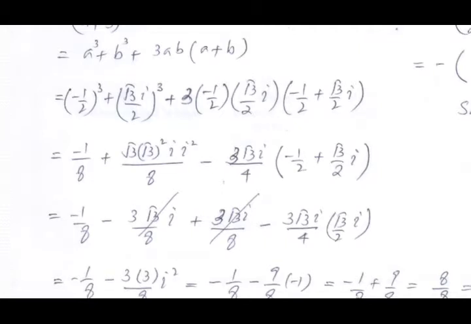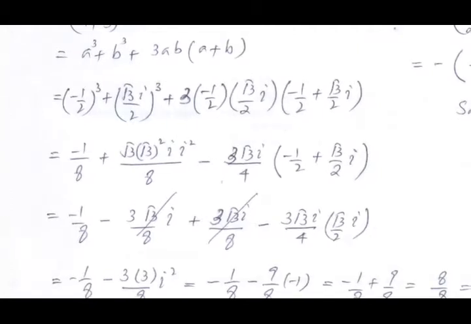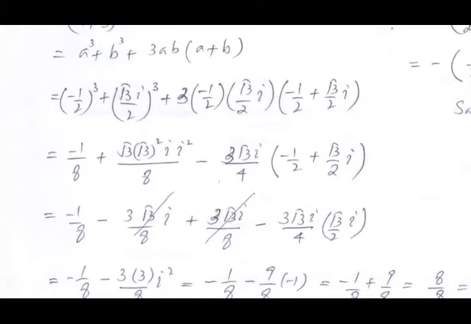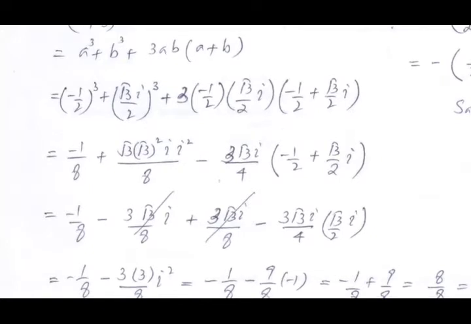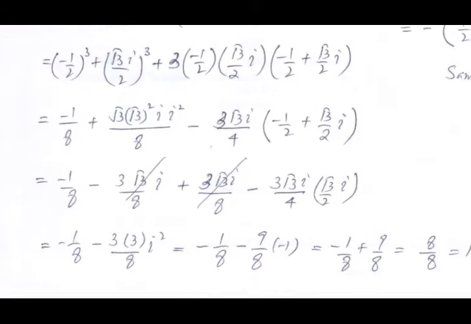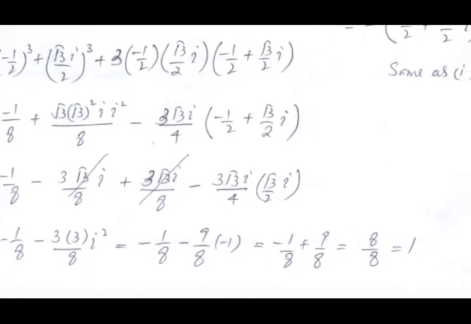Then further simplify, replace iota square by minus 1, and we multiply the value in the bracket by distributive property, multiply by both numbers, and we get the same values with different signs and they cancel each other, and then further simplify and we get a good answer, 1.